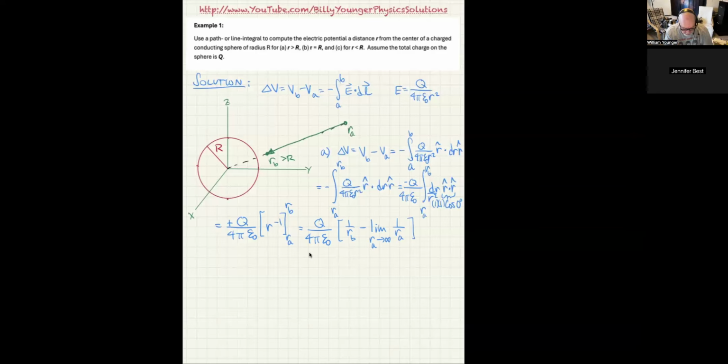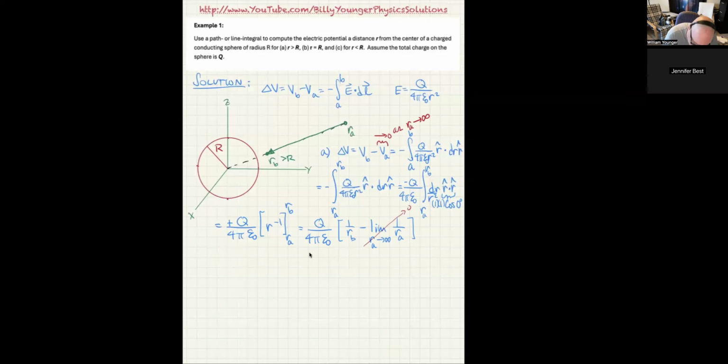And notice it is a scalar quantity we're getting now, but it also means this quantity right here goes to 0 as RA goes to infinity, because it just makes good common sense that when you're infinitely far away from something, the electric potential should be 0. So that's what we're doing here. Now, when we take the limit as RA approaches infinity of 1 over RA, that just becomes 0. So I'll put it like that.